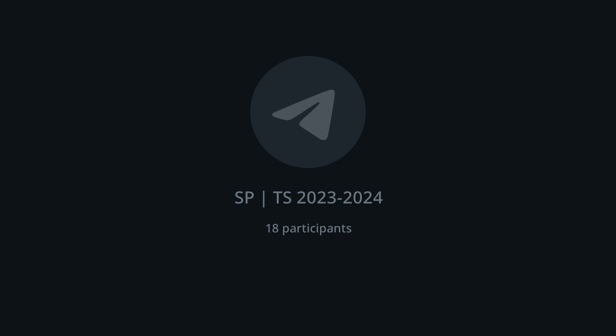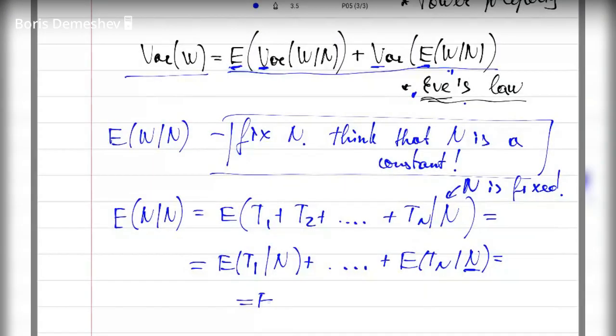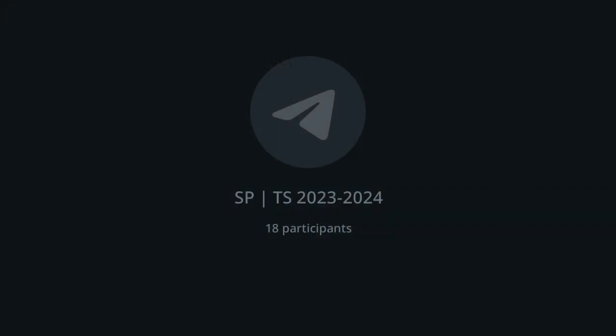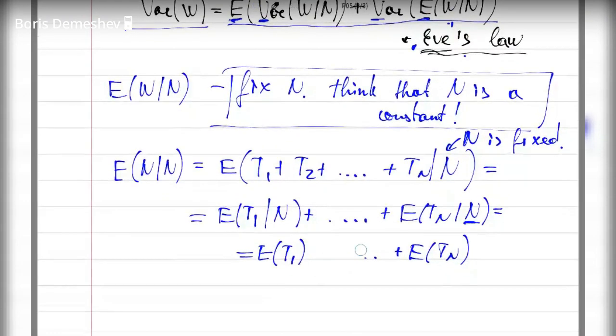So the number of questions is independent of the time you spend on each question. So we can just omit the N, and hence we have, even simpler, N times expected value of T1. We have already calculated it. It's N times 3.8 divided by 5 lambdas.